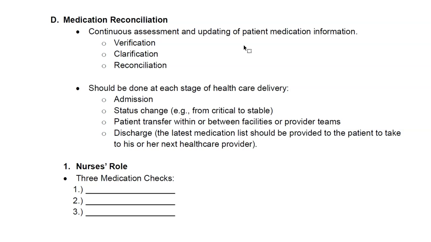So we're going to collaborate with the provider and really clarify which medication can they continue, which medications will be discontinued, is there any changes that we're going to do, so that we don't lose track of their medication.